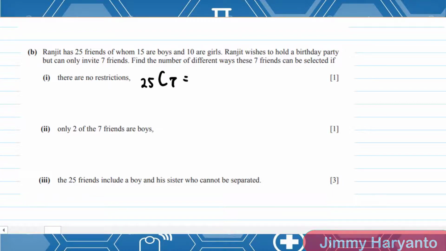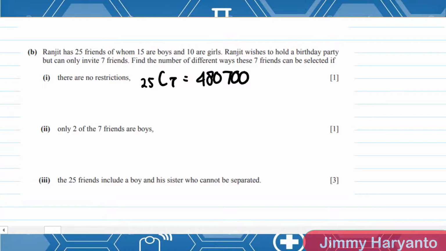Use your calculator to calculate it. 25 C7 equals 480,700.